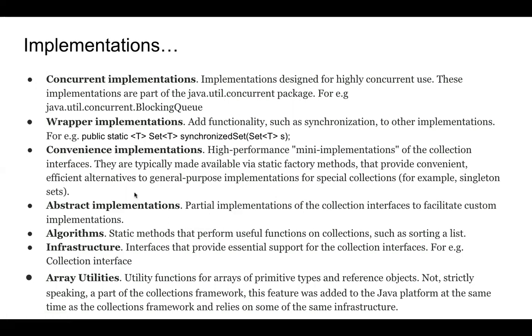There are also array utility classes, which provide utility functions for arrays of primitive types and reference objects. Not strictly a part of the collection framework, but this feature was added to the Java platform at the same time as the collection framework and relies on the same infrastructure. We'll be seeing some examples of the Arrays utility class in the next lecture.